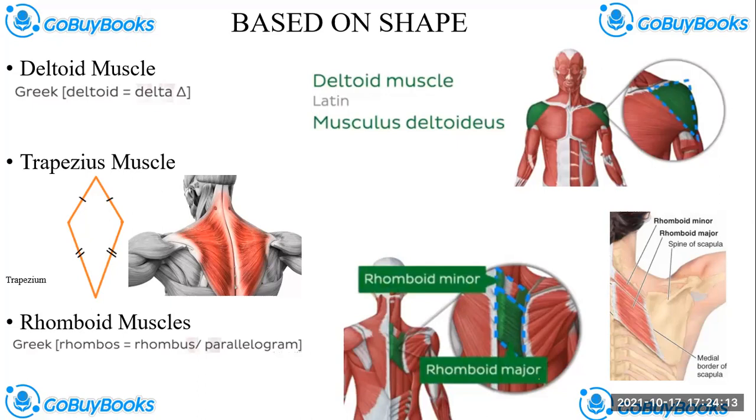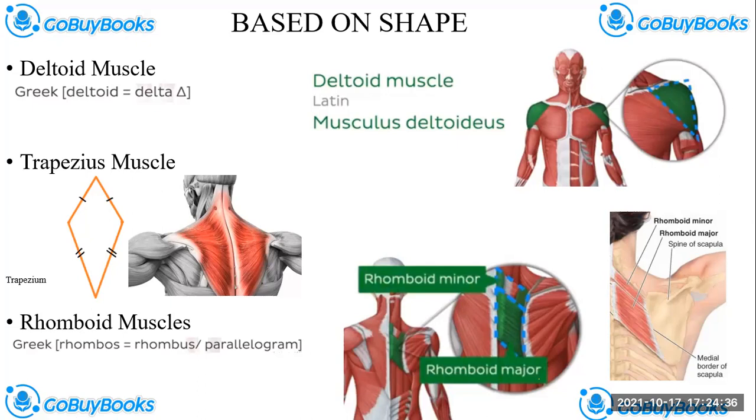Let me give one quick disclaimer, and it is very important. Muscles in the body are usually named as a combination of words. At times it's just one word, like the deltoid muscle, the trapezius muscle, the rhomboid muscle. But some muscles are a combination of names.